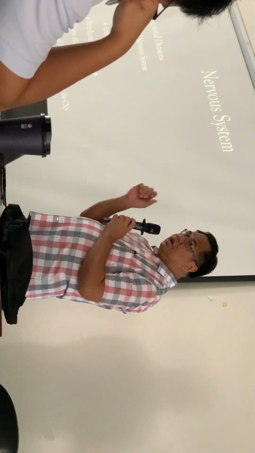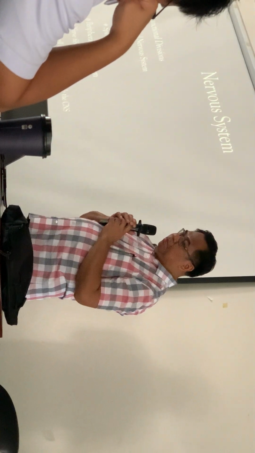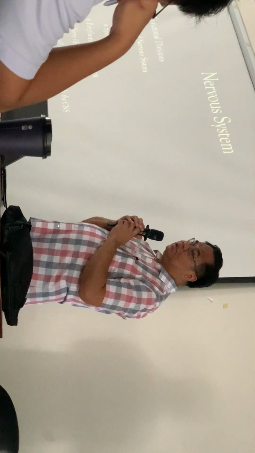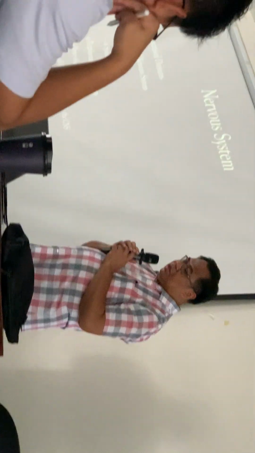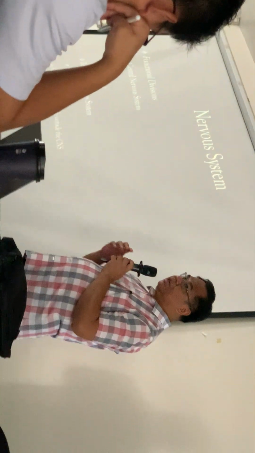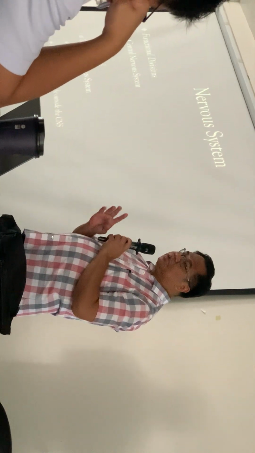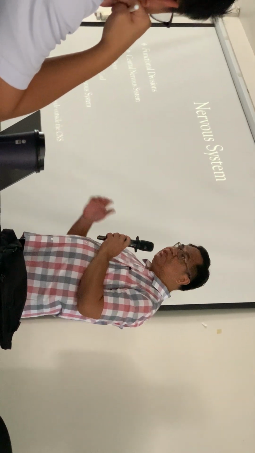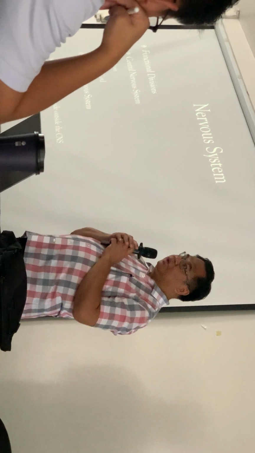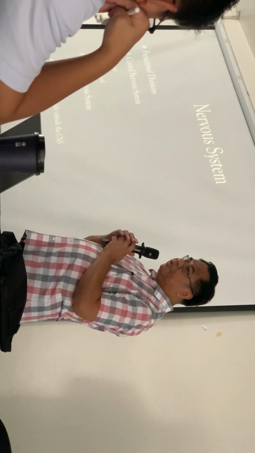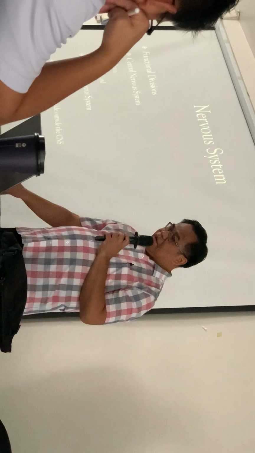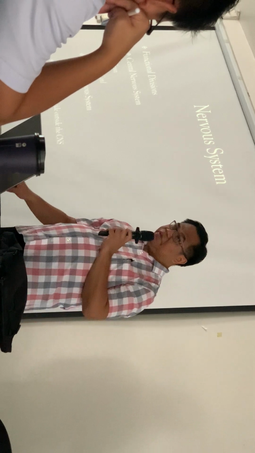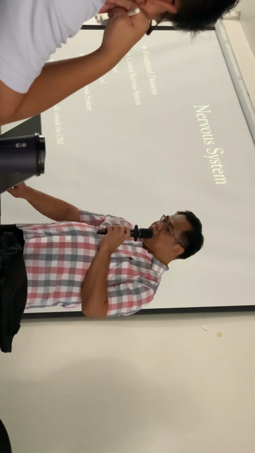So they are the components making up the central nervous system, the brain and spinal cord. And then the peripheral nervous system is anything that is part of the nervous system outside the brain and spinal cord. So the peripheral nerves, the peripheral ganglia, they are part of the peripheral nervous system.